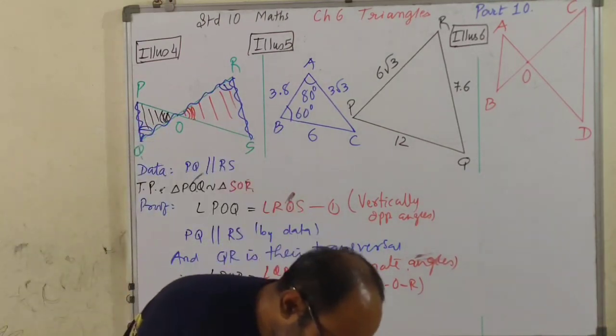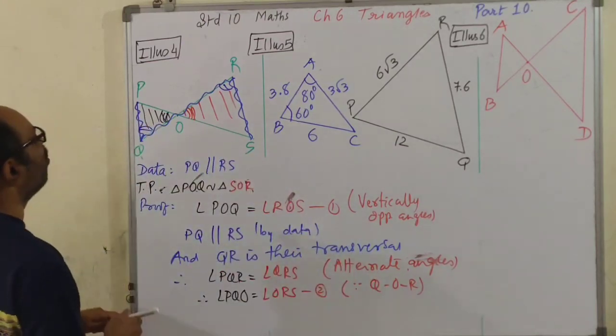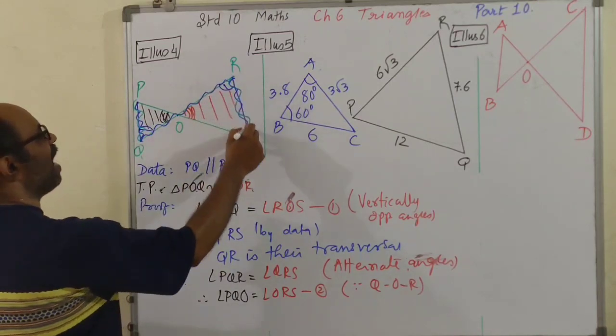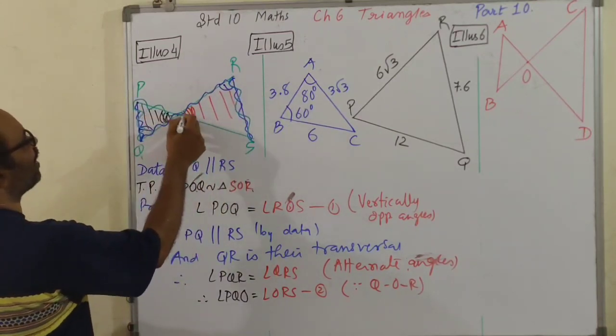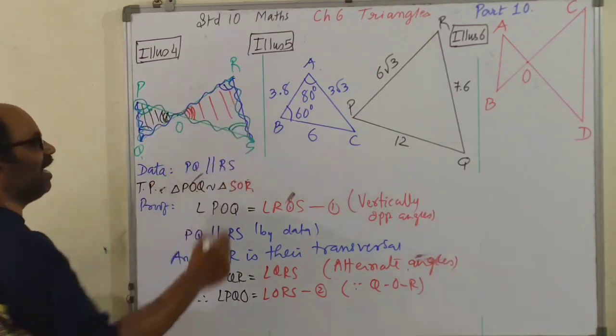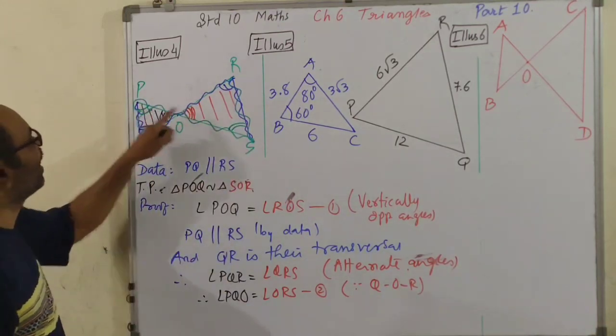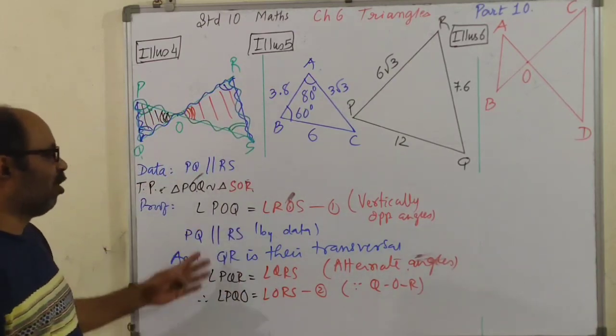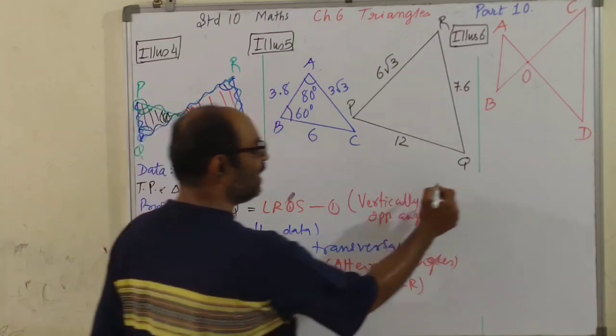Children, third also you get equal. How? Now I am taking this serpentine. They are parallel, but this time this I am taking transversal. So these angles are equal. I am going to use the word similarly and not going to write all these 4 steps again.